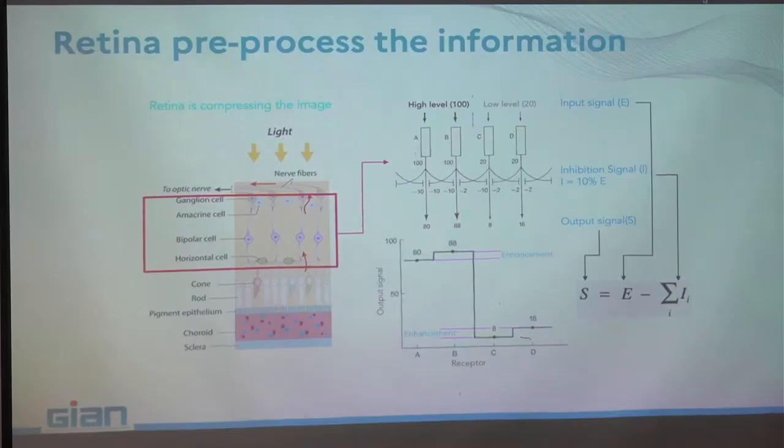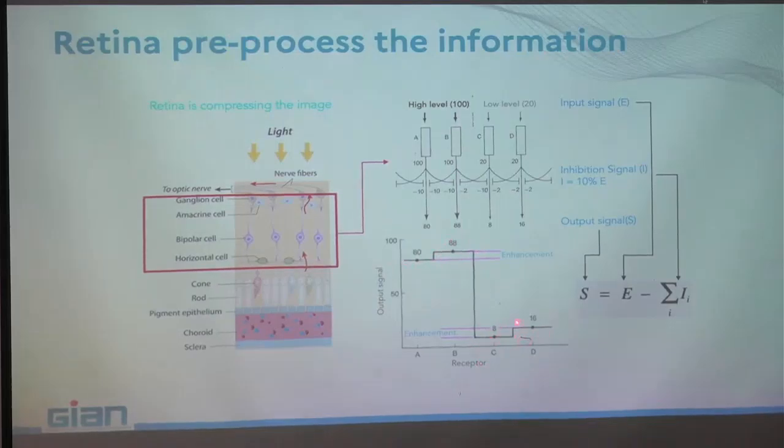value to the brain. And when you do that, this compression algorithm is very efficient, and the objective is to enhance the contrast. When you have a contrast here, 120, finally what you see is 80, 88.